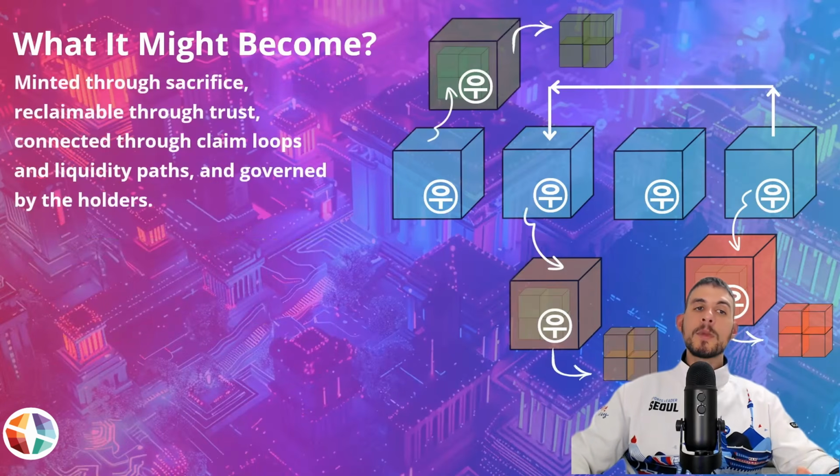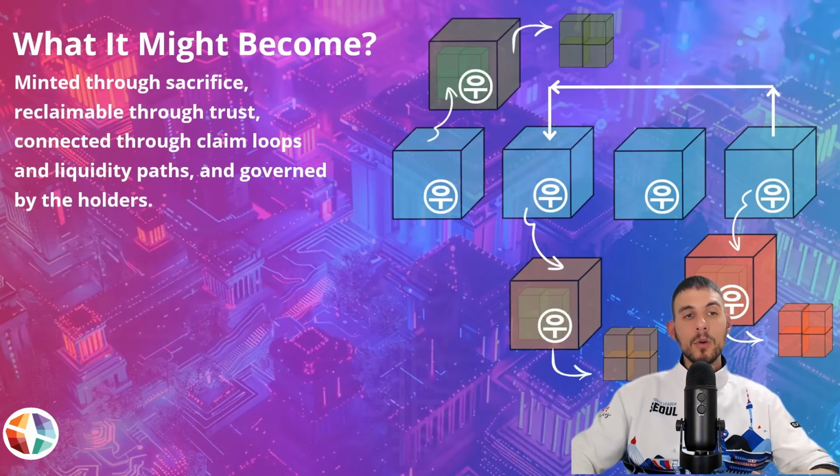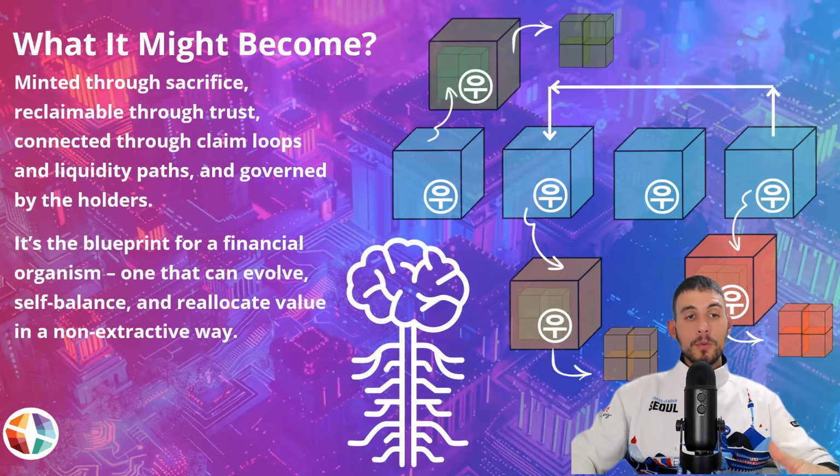So if it's minted through sacrifice and it's reclaimable through trust, it's connected through claim loops and liquidity paths and governed by holders. It's the blueprint for a financial organism, one that can evolve, self-balance, and reallocate value in a non-extractive way, because you're always sacrificing tokens for tokens.